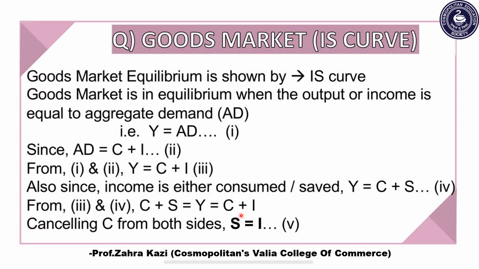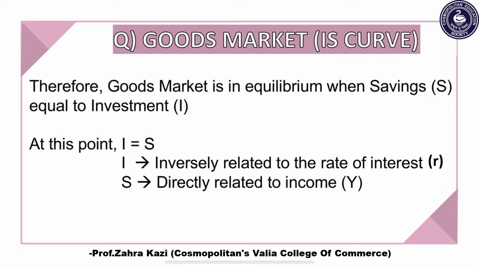Since C is common, we cancel C from both sides. So we get saving, S, is equal to investment, I. That becomes our equation 5. Therefore, the goods market is always in equilibrium when S is equal to I, that is saving is equal to investment.